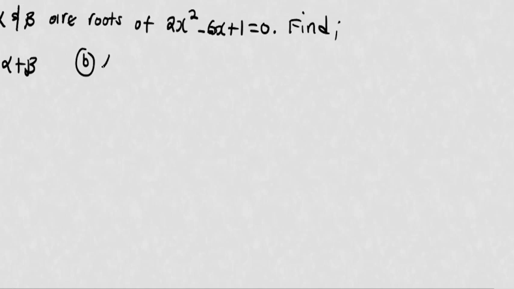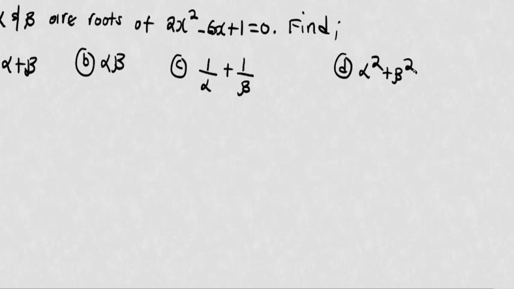Then the third one, we find 1 over alpha plus 1 over beta. Then we put a last one here, we find alpha squared plus beta squared.